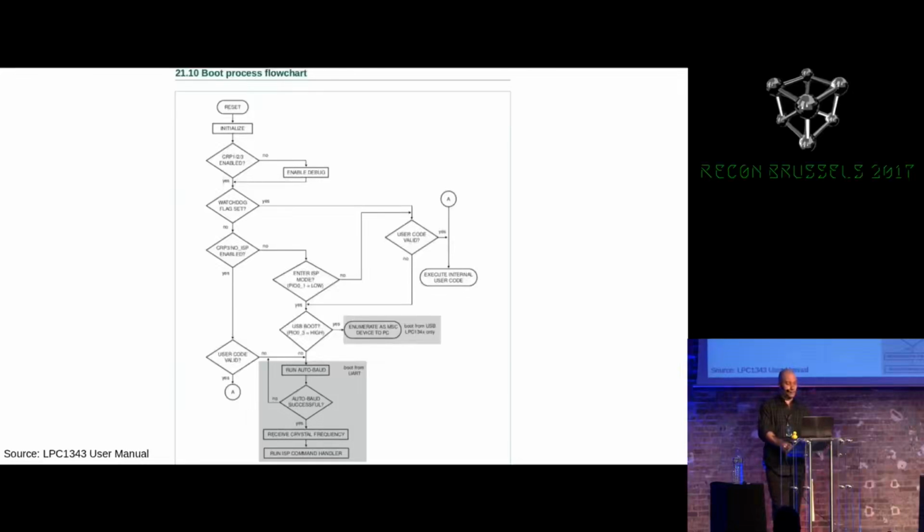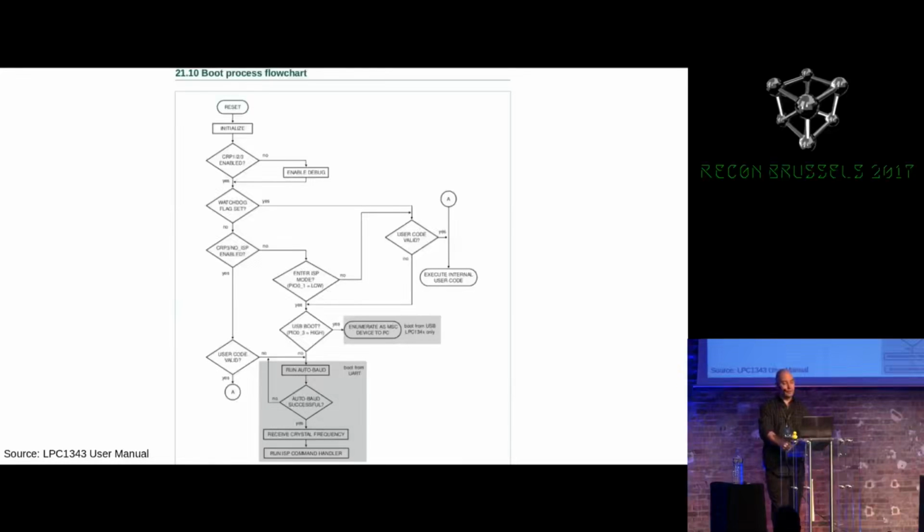Otherwise, it will continue and it will check if the code read protection level 3 or the no ISP are set, because these ones will disable access to the bootloader. If they're not set, then it will check to see if you're holding one of the GPIO pins low that triggers the access to the bootloader.